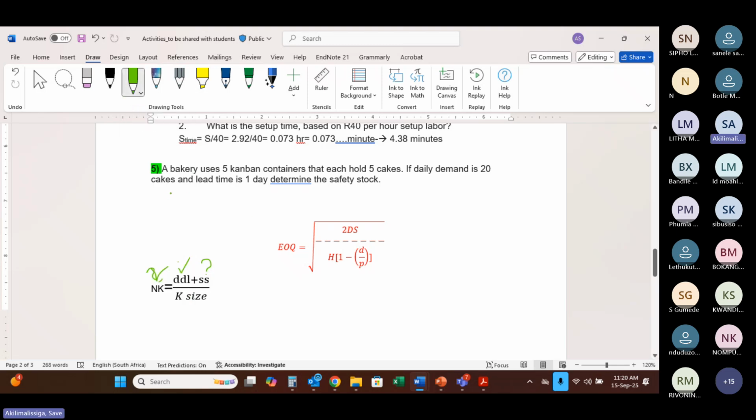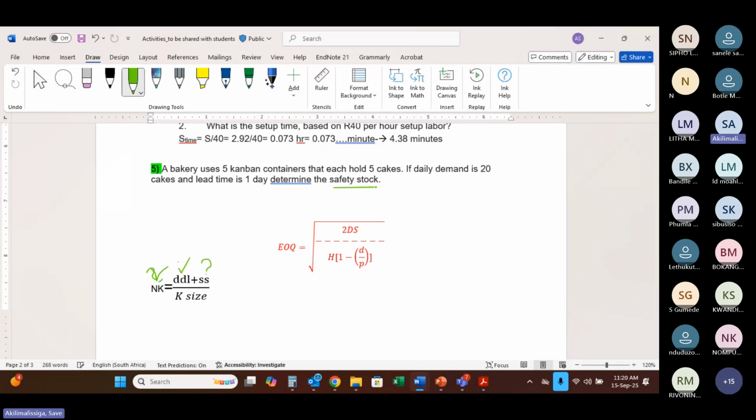So look at this number 5. It says a bakery uses 5 Kanban containers that each hold 5 cakes. If daily demand is 20 cakes and lead time is 1 day, determine the safety stock, right?